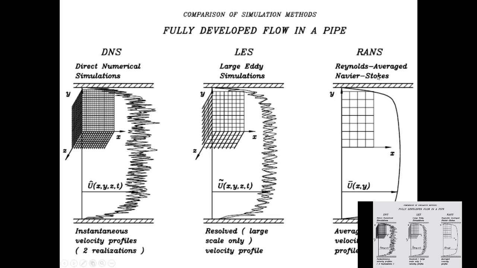Your Reynolds average Navier-Stokes equations give you a nice profile, but the actual profile would be that, and a fairly representative profile is given here. Here, your mesh can be as coarse as this. For your DNS, your mesh has to be as fine as this. And this is a good compromise. LES is a good compromise between DNS and RANS.